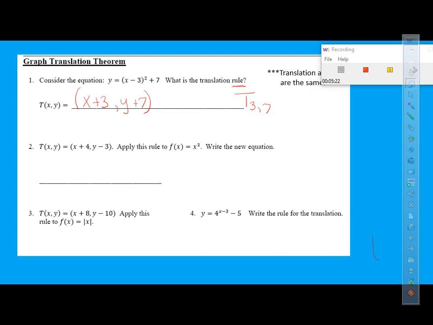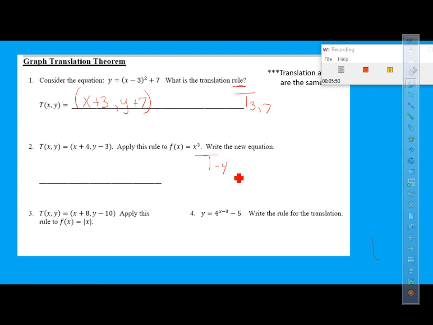On my number 2, I'm given the rule, and I'm asked to apply this to the graph of y = x cubed. Well, in terms of a translation, if you have an x plus 4, you've got to think backwards. What's got to be in your equation so that every x value would be added by 4? Well, it would have had to be a minus 4 in there.